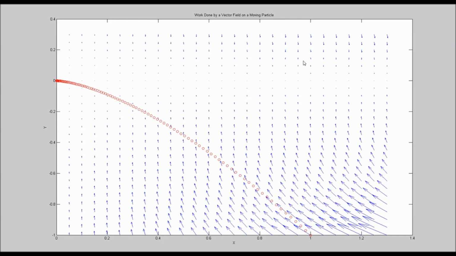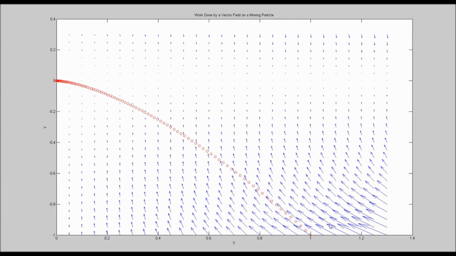Then as it went up this way you would see that there are forces acting down on it, so it would begin to decelerate since force is proportional to acceleration, and then maybe the particle would stop somewhere up here and then begin to accelerate back down. Who knows? But what we're talking about here is maybe there's some fixed rail or something like that, some fixed path, some fixed line, and there's a particle on that rail, and the particle is being moved along that rail in this vector field.